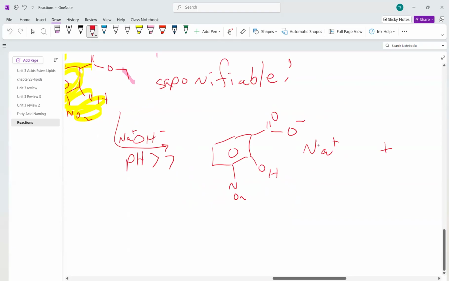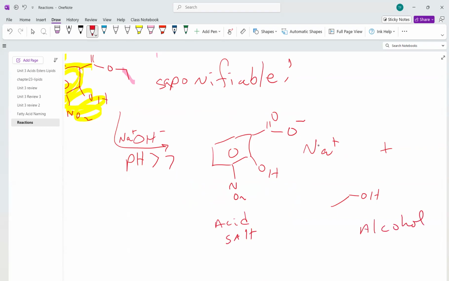So that's a 2-carbon alcohol. Okay. So what saponifiable means is we take apart an ester in a basic environment.